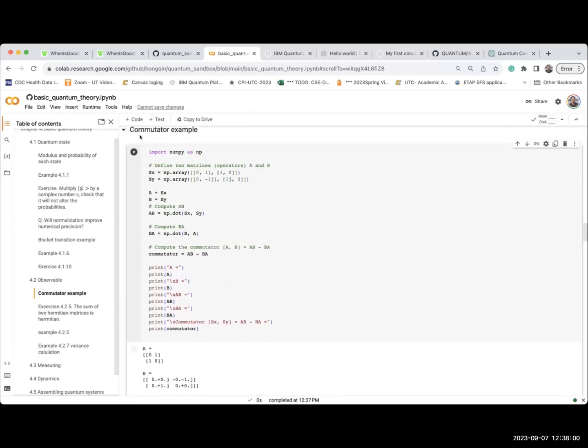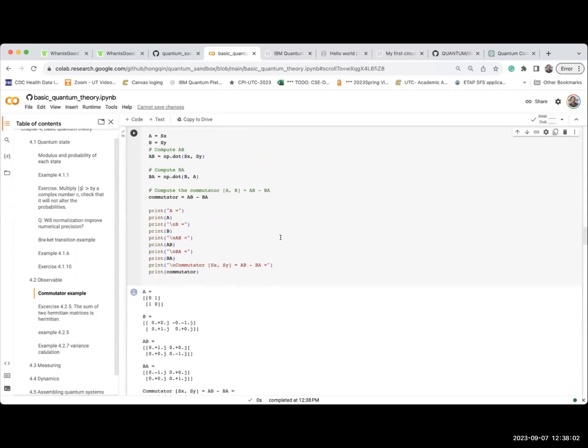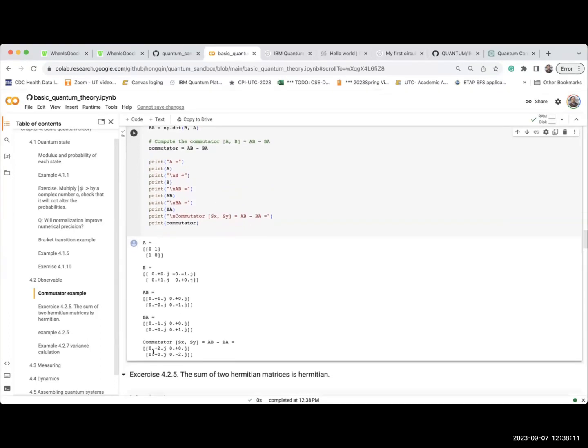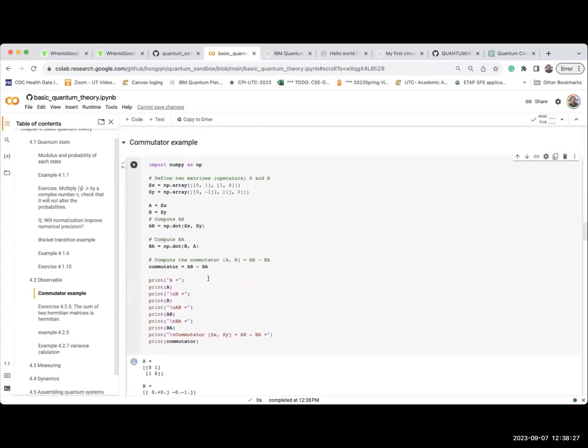Okay, that's correct. They just factored out 2i, so their matrix looks different. The book matrix looks different, but I think it's the same matrix because they factored out 2i as a constant. Very good. Yeah, I agree. That's right.